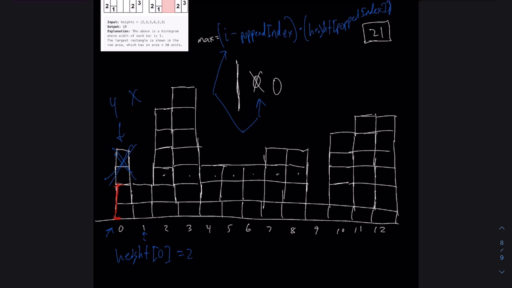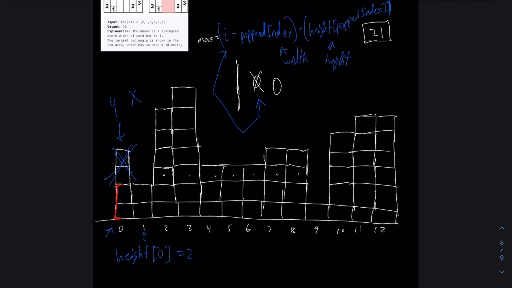And we'll see why this makes sense in a second. But just for this case, for now, it makes sense, obviously, right? Because this I minus popped index just represents 1. And then the height at the popped index is 4. So this just represents the width. This is just the height.